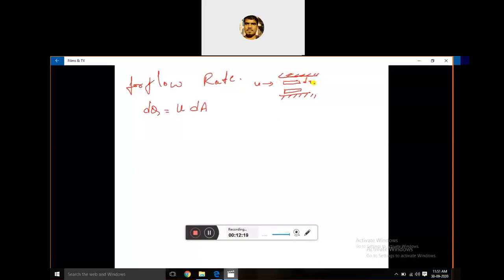So that is dq is equal to u, the velocity, times a, the area through which the fluid is flowing. So y is the half thickness, 2y, and dy is the small thickness of the imaginary element, the plate, and u is acting on that plate. dx is the length of the plate, small dx.